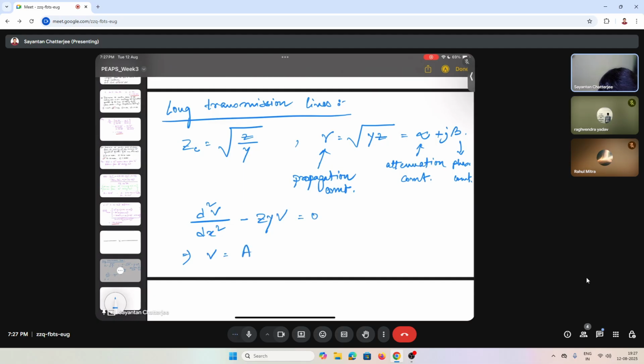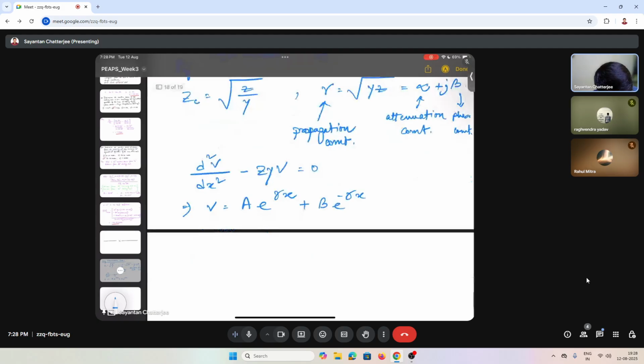So we consider the voltage. I hope sir has also derived it, so I guess you can also remember: V equals A e to the power gamma x plus B e to the power minus gamma x. I hope you can remember this type of derivation sir has also done. Yes. So these are the basic formulas. Based on this, we'll solve one numerical which has subparts too. Okay. So this is one part.